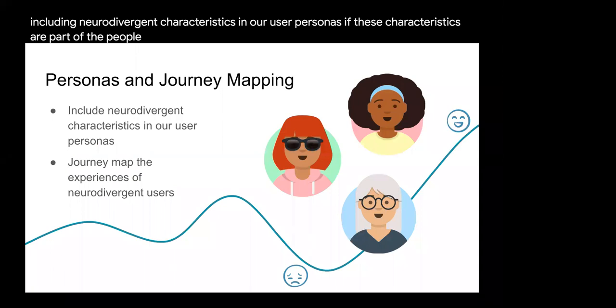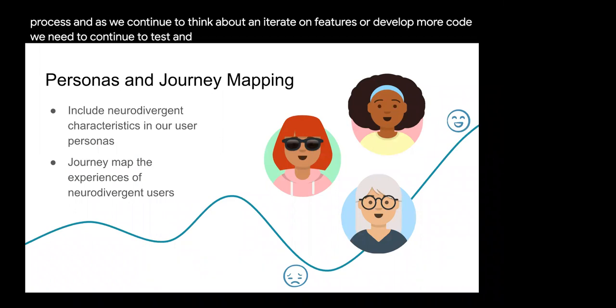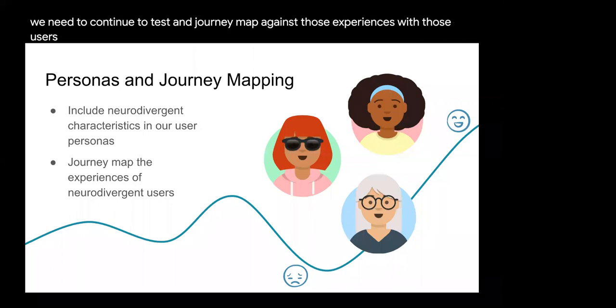We also need to journey map their experiences through the process. And as we continue to think about and iterate on features or develop more code, we need to continue to test and journey map against those experiences with those users. As we do this, we'll find potential problems along the way and we'll be able to decide early how to address them.